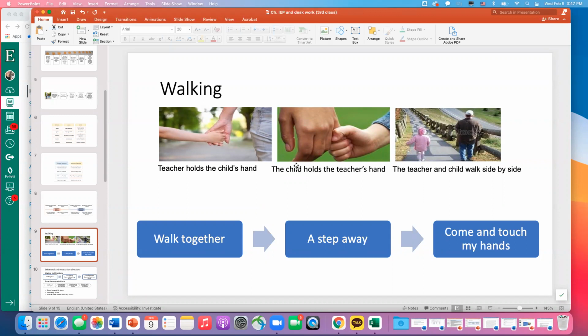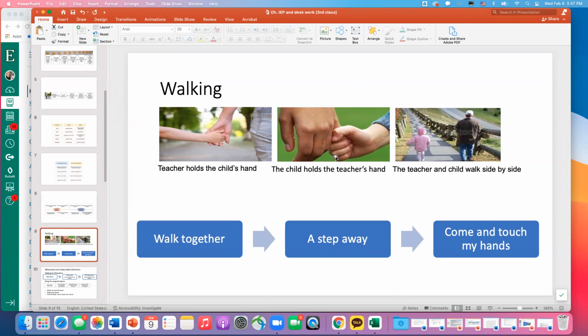So we do child following directions. Once you practice this, they're not going to wander around the classroom or run away from you. This works even outside, walking hand in hand in the beginning.